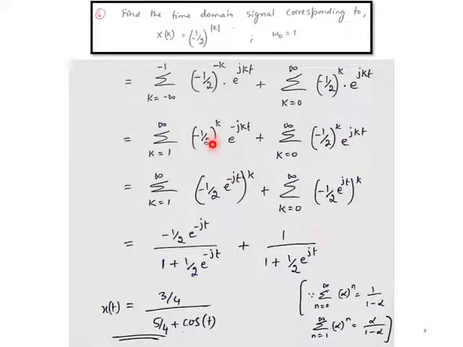So minus half to the power minus k, summation from minus infinity to minus 1, I'll make it 1 to infinity. For that I need to change the powers: the k values need to be changed, the sign should be reversed.